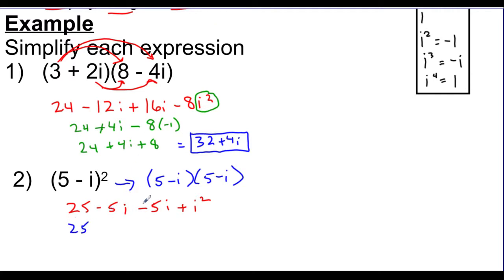Okay, -5i minus 5i is -10i. Okay, and then I have a positive i squared, and we said that up here before. i squared is the same as -1, so I'm going to turn this into -1. Okay, 25 minus 1 is 24 minus 10i. So I'm going to say the product of 5 minus i times itself is 24 minus 10i.